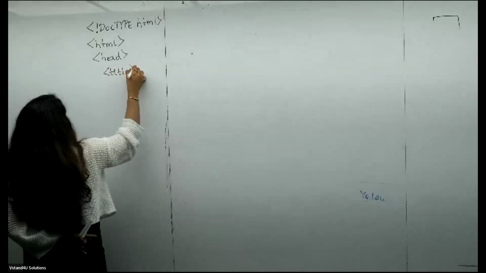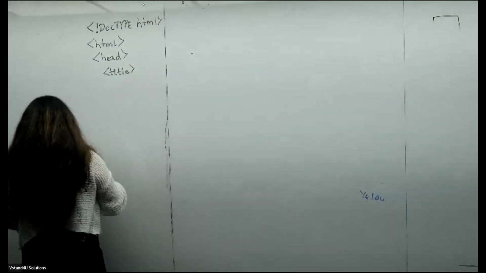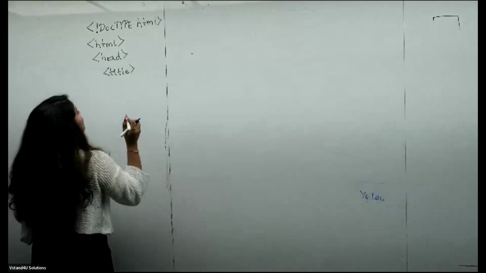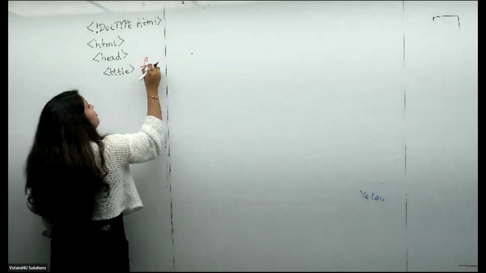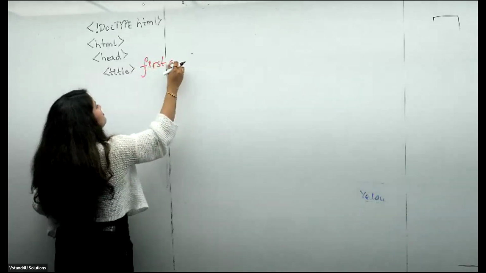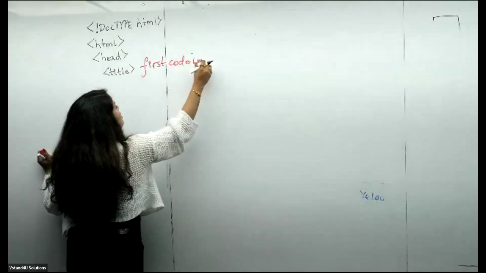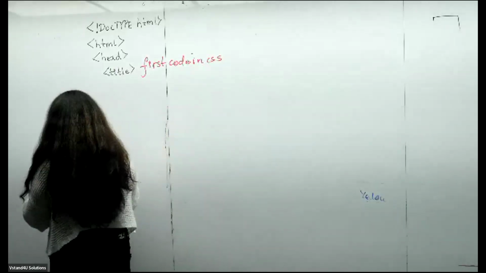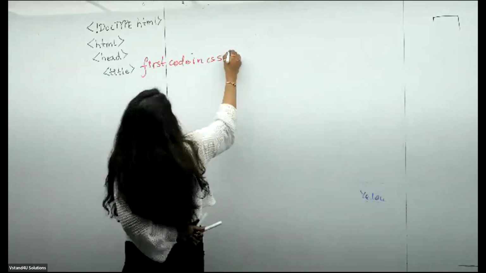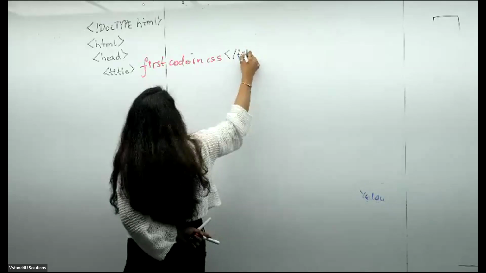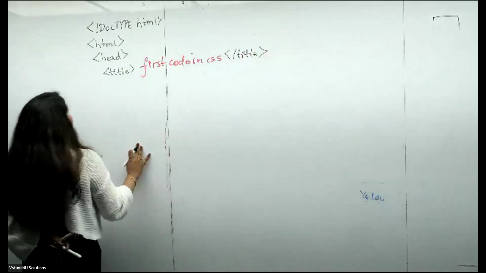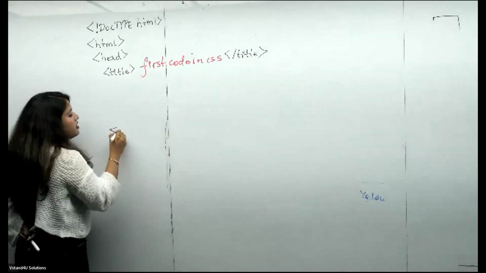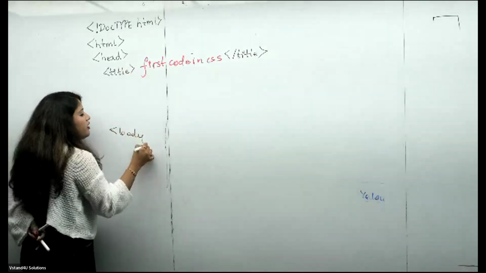I will mention something called first code in CSS. Okay, and then let me close this title tag. Now let me consider one more tag, that is your body tag.